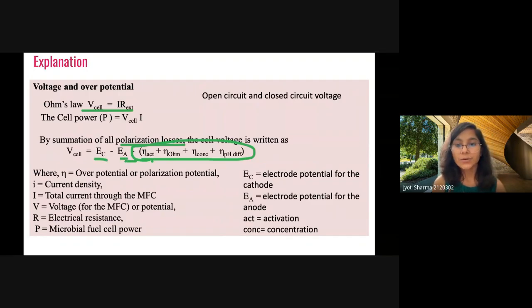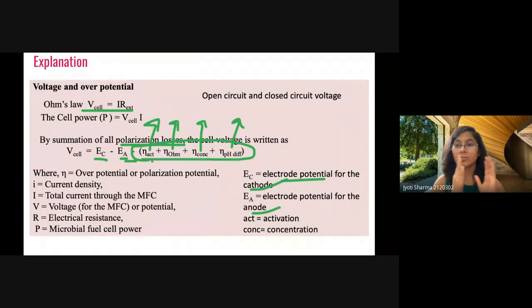EC is your electrode potential for the cathode and EA is for the anode. We have to subtract them so that we can get the voltage, right? But we have to subtract the polarization losses, and these are the loss due to activation, the loss due to resistivity, the loss due to concentration gradient, and the loss due to pH difference. So these are the different losses that we have to subtract, and that's how B is the right answer.